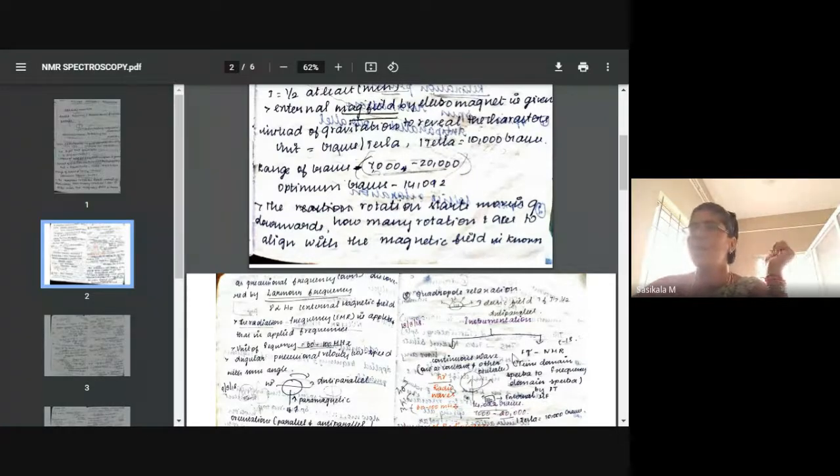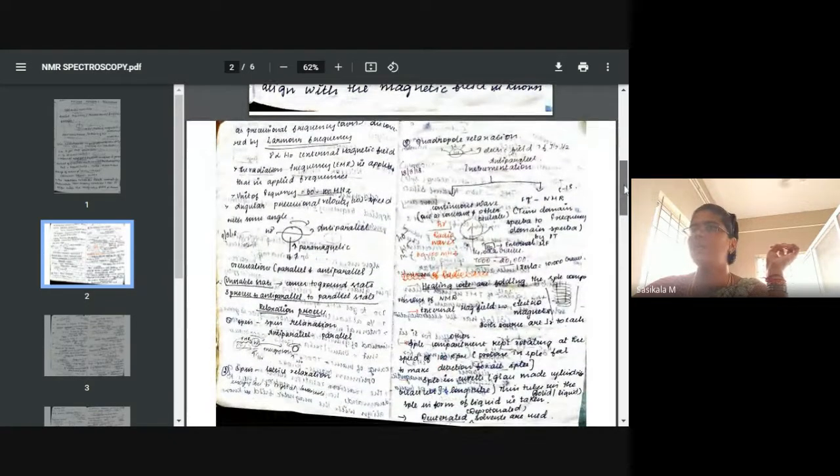In FT NMR, FT means converting time domain spectra to frequency domain spectra. This increases interpretation and accuracy, and FT NMR is widely used nowadays compared to continuous wave NMR.